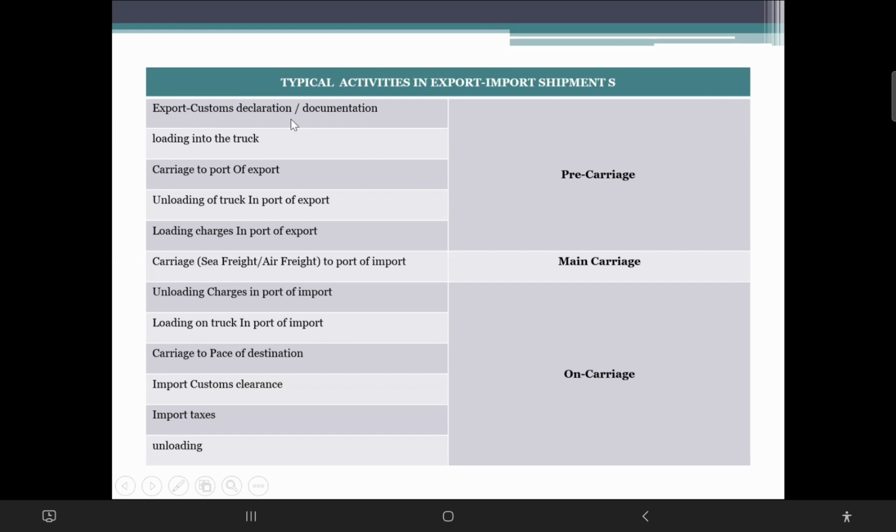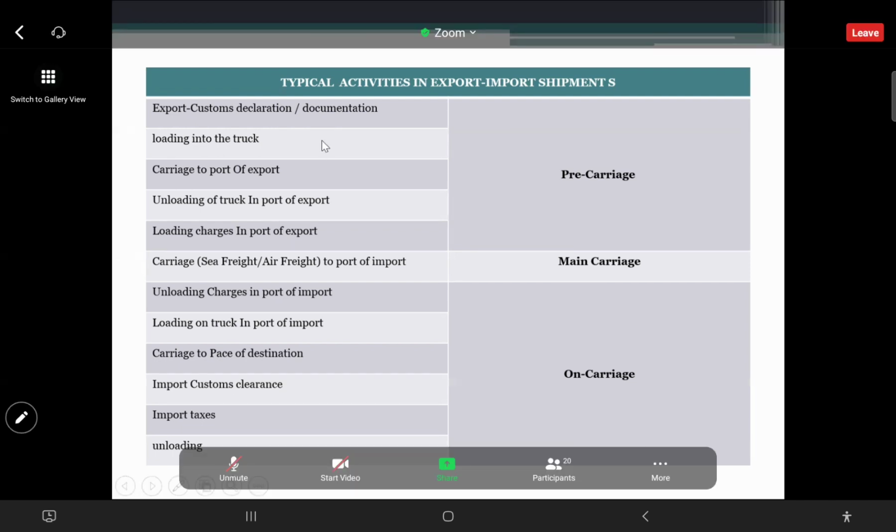Each country will have specific documentation requirements, specific documents, specific duties to be paid, legalization, embassy, foreign affairs, whatever. So this starts with the documentation, export customs declaration and documentation. And then once we are through with the documentation, obviously the factory will be situated in one place and the port at another end.